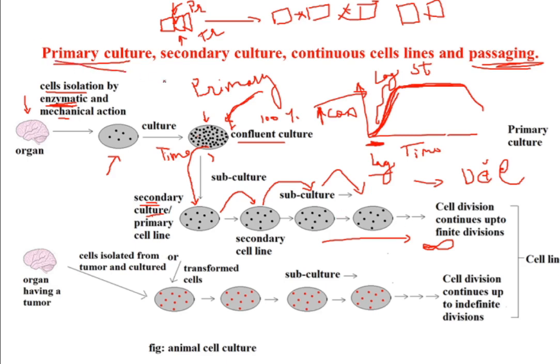Now, this is a primary culture. Now this is the secondary culture. Now you know what passaging is. Now, what is a continuous cell line? When you isolate the cell, you have a primary culture. From the primary culture, you create a secondary culture.